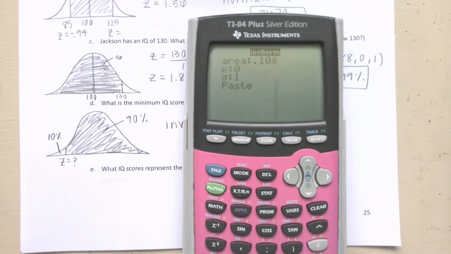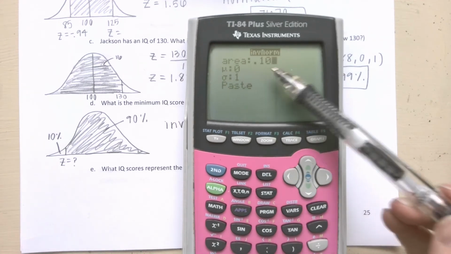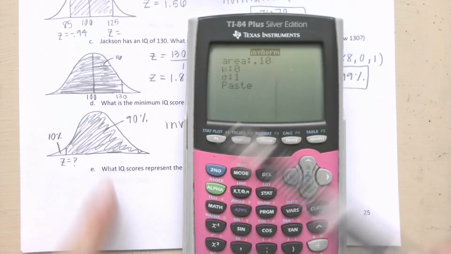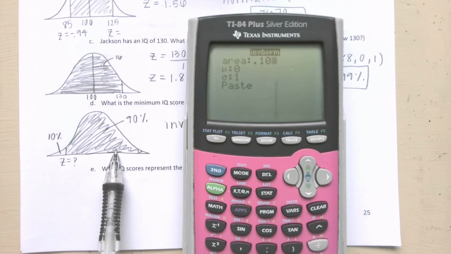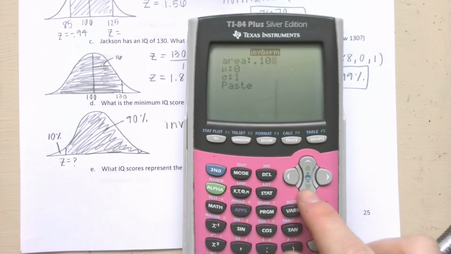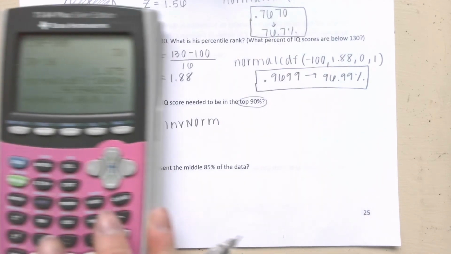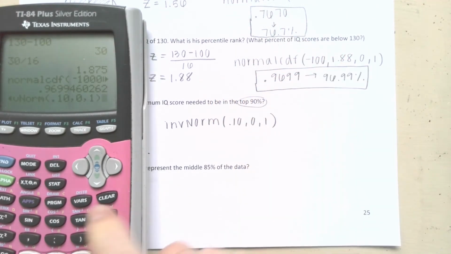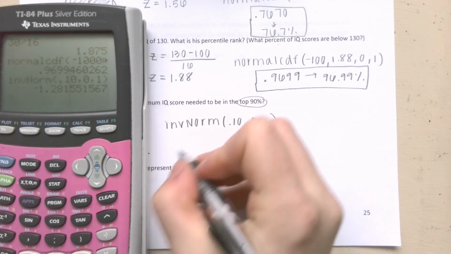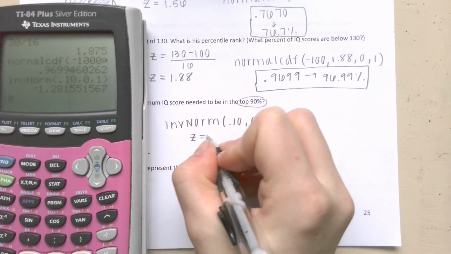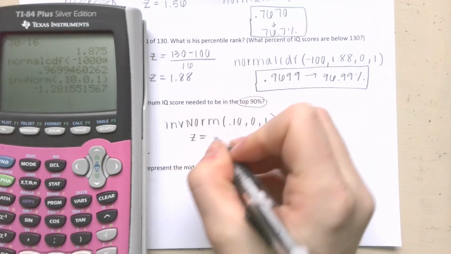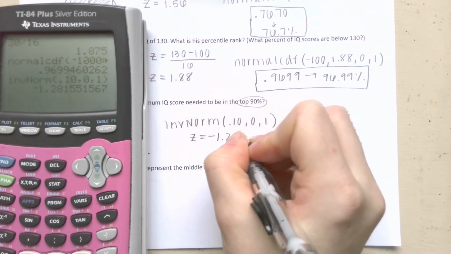If you have a newer calculator that allows you to pick left, right, or center, you can type in 0.9 right here and click on right hand side. Mean and standard deviation are again staying the same. So this gives me a z-score of negative 1.28.